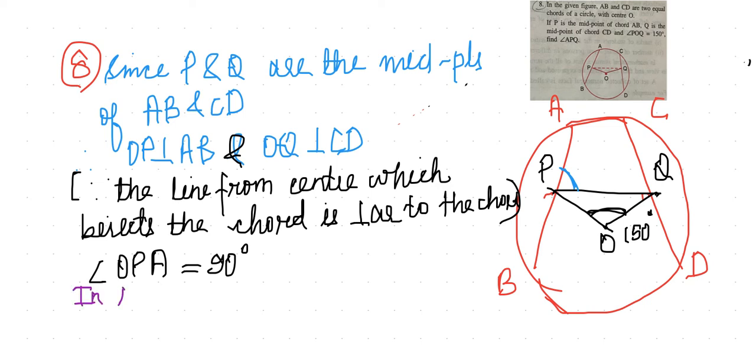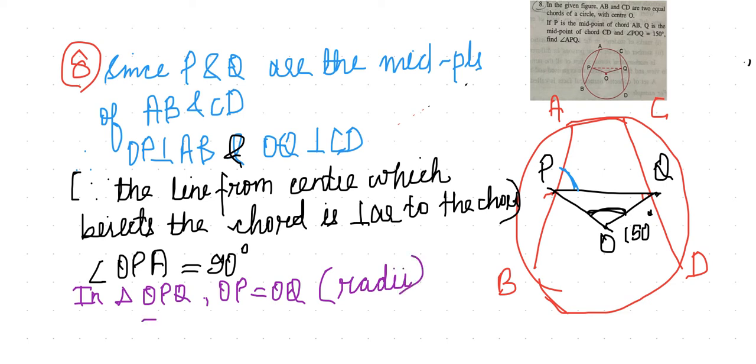In triangle OPQ, OP is equal to OQ. Why? Because they both are radii. So this will further imply what?